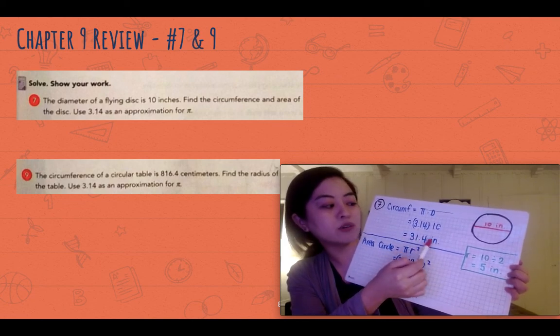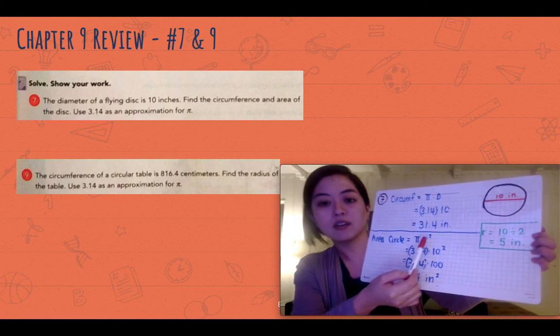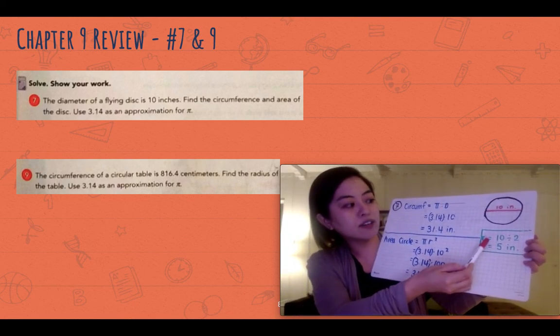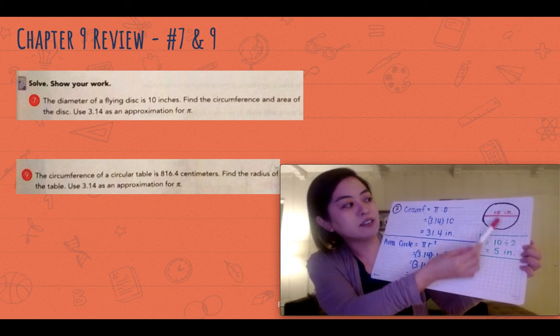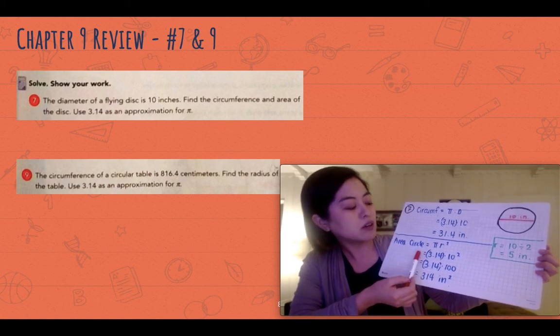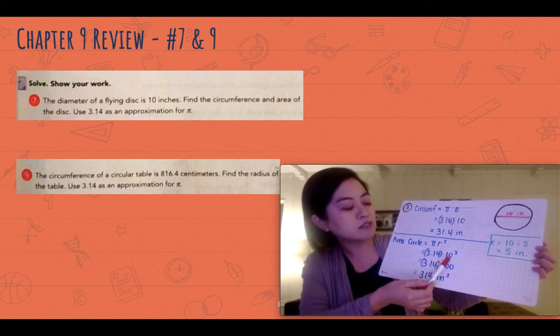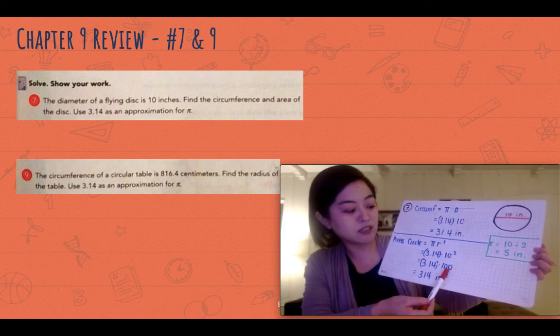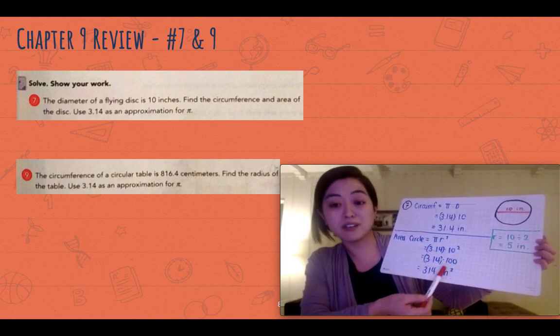So it's 31.4 inches. Now for the area of the circle, I have my formula pi r squared. So to find the radius, I'm going to divide the diameter by 2, which is 5 inches. So 3.14 times 5 squared, which is 5 times 5, which is 25.